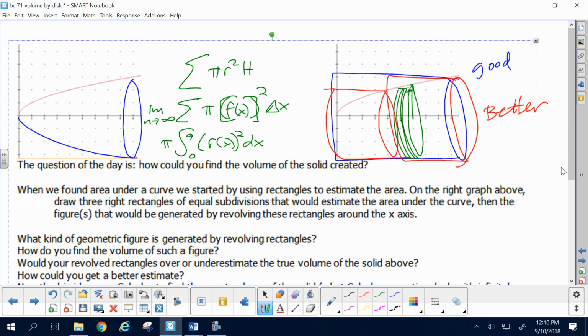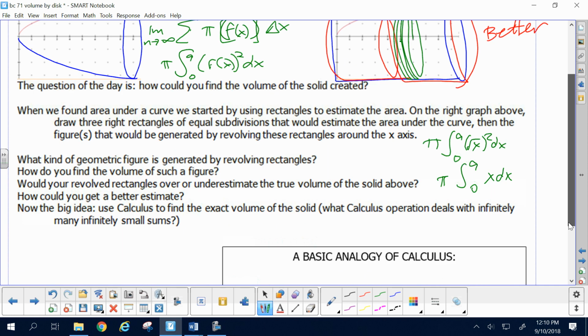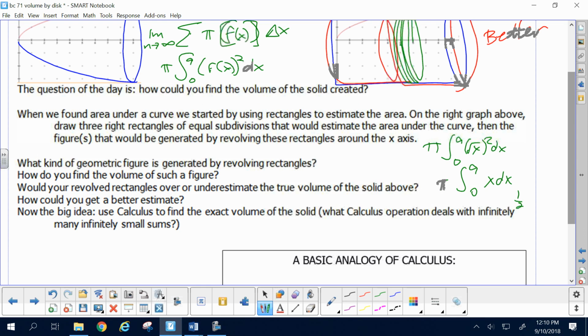That means that rather complicated theoretical problem is just the integral of f of x squared, the square root of x squared, which is just the antiderivative of x. What's the antiderivative of x? 1/2 x squared, or pi over 2 x squared from 0 to 9.